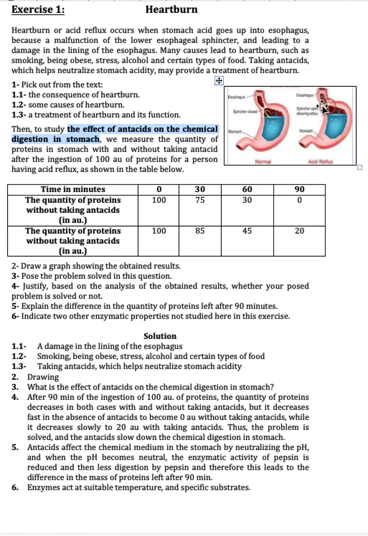He has a problem in the sphincter of the esophagus. So if we measure without taking antacid, surely this person will have pain because the acid will go up from the stomach into the esophagus. The quantity of proteins without, and with, but we have a mistake here, without. Okay, and this one is with. Okay.